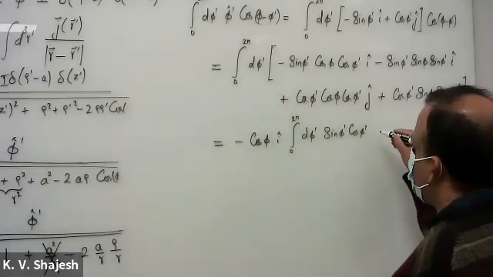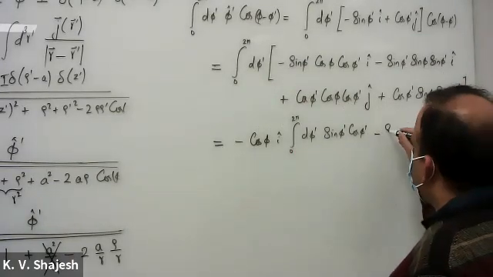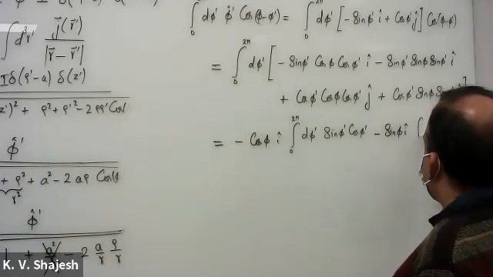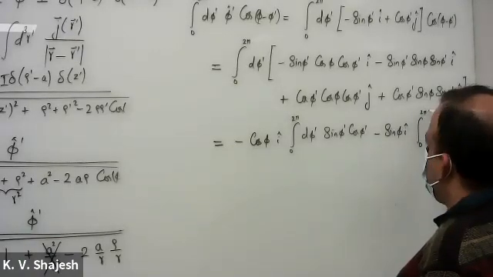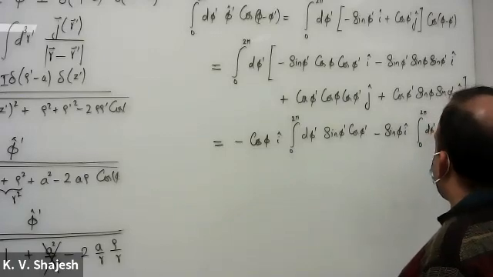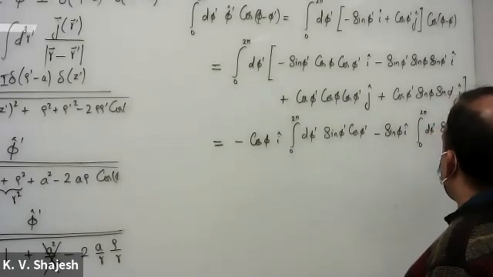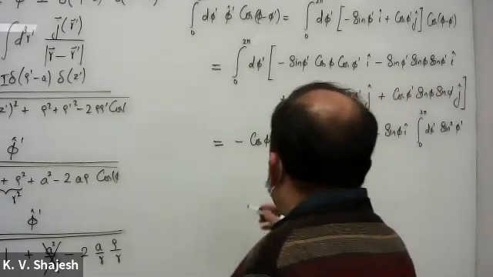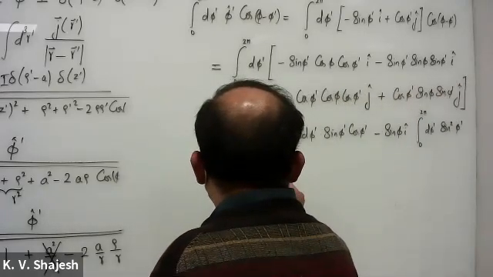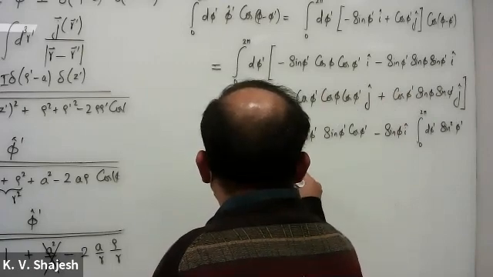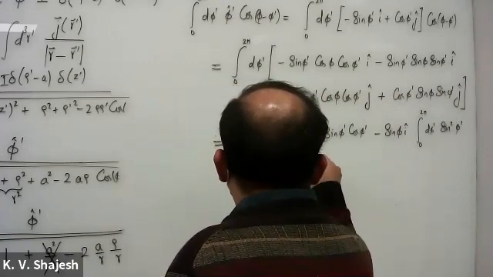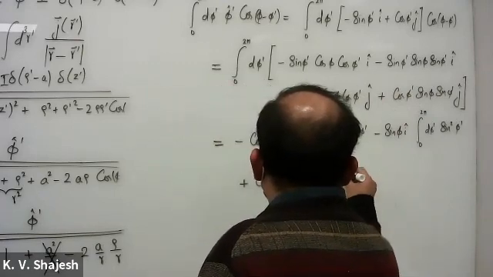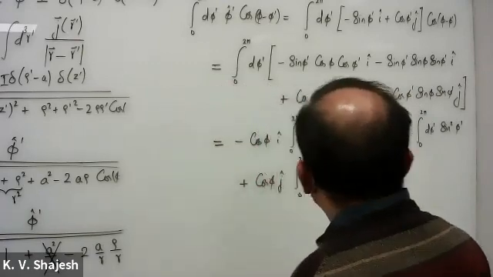The next one is minus sine phi I hat and 0 to 2 pi d phi prime sine square phi prime. Then I have plus cosine phi j hat 0 to 2 pi d phi prime cosine square phi prime.